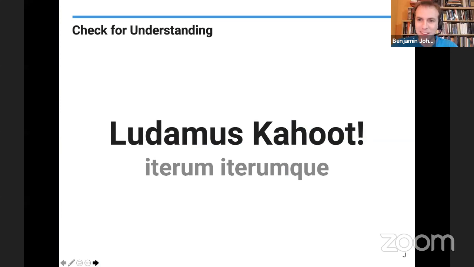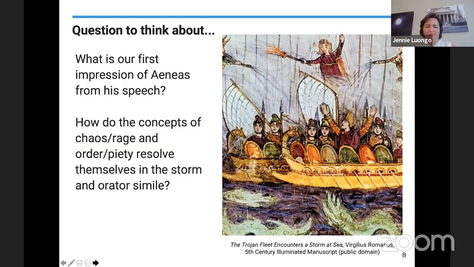Exactly. So questions to think about, again, taking this work beyond just what it actually says. What is our first impression of Aeneas from his speech? This is something that has precedent in Homer in the Odyssey, but I think that Virgil puts his own little spin on it.